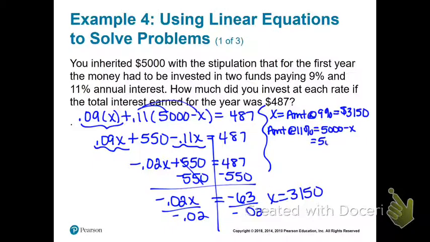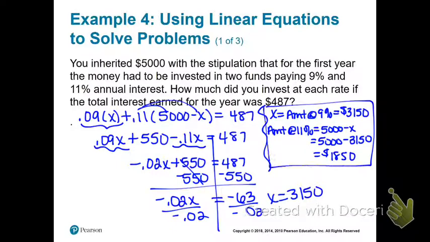So this is going to be 5,000 minus 3,150, which gives you $1,850. So there are your two answers. To check it, remember, does it seem to make sense? It's hard with the percentages because we're not good with those, but if nothing else, do those add up to be $5,000? And they do, so therefore, they're reasonable answers.